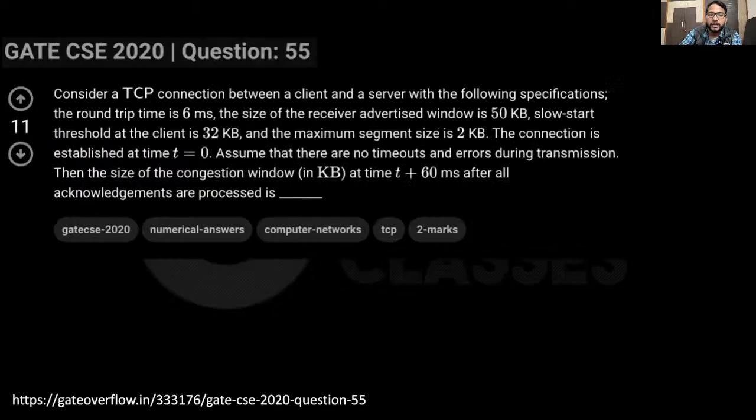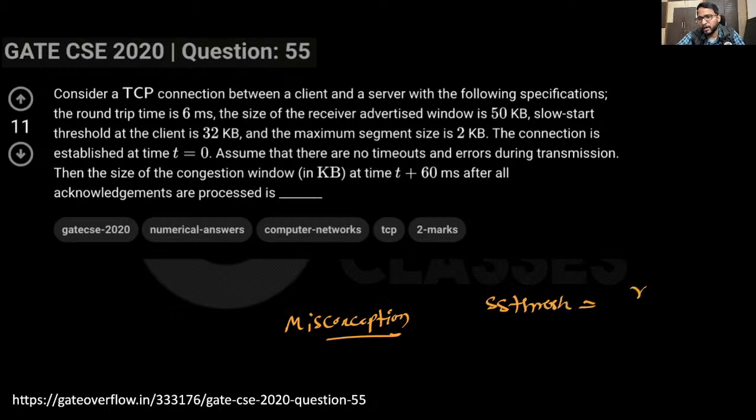Okay, see here in this particular question, do you remember the question that I talked about, the major misconception? Where people were taking SSTH, the slow start threshold, to be RWND by 2. This question is based on the same misconception, a very recent question that they asked in 2020. Here also they are saying, assume that there are no timeouts and errors during the transmission, there is no congestion.